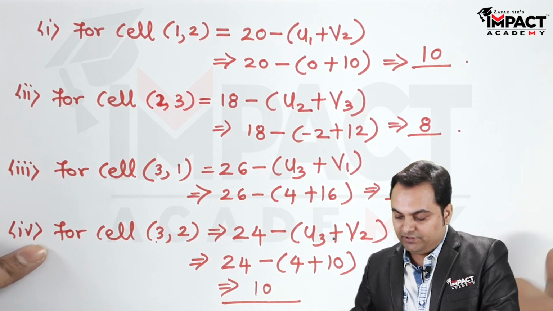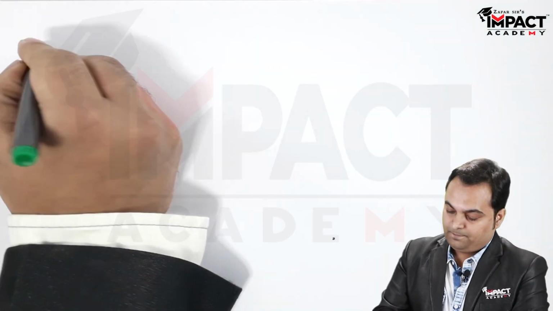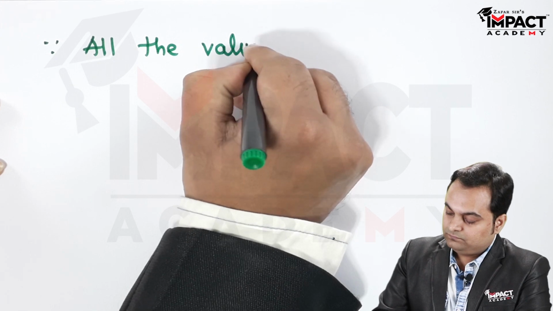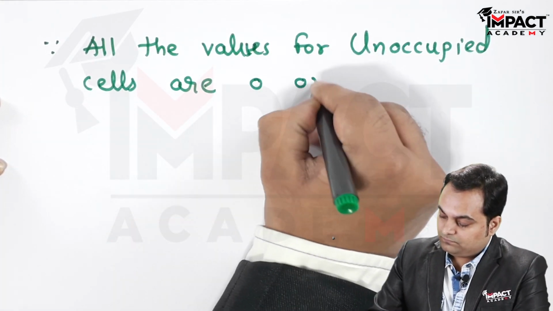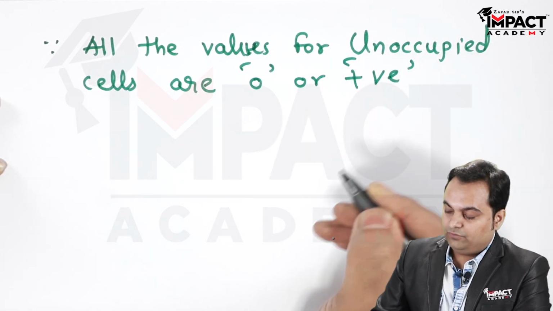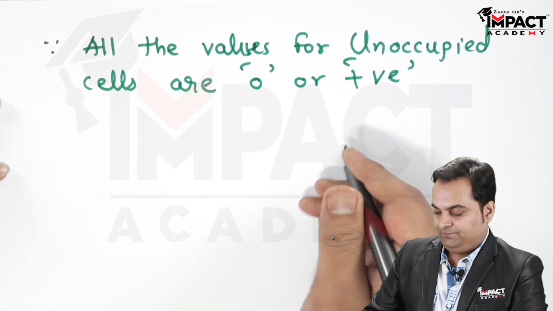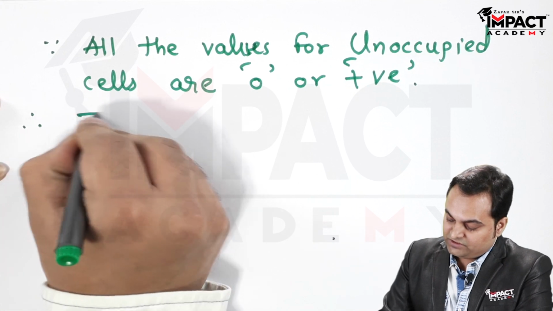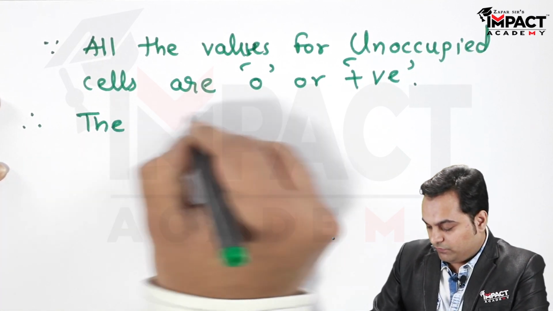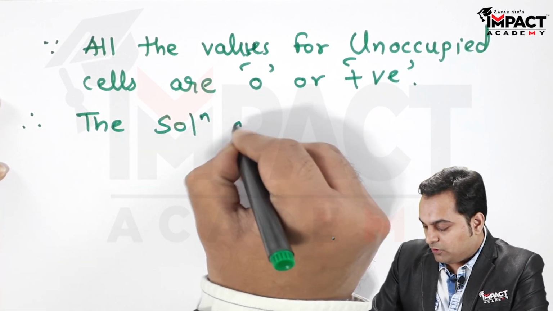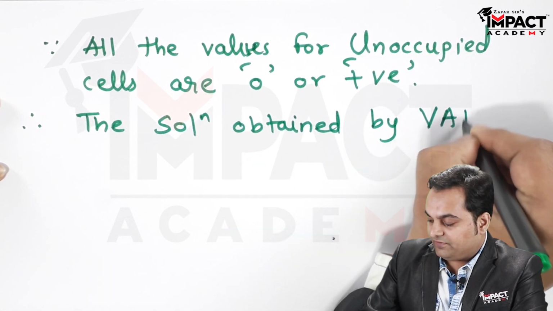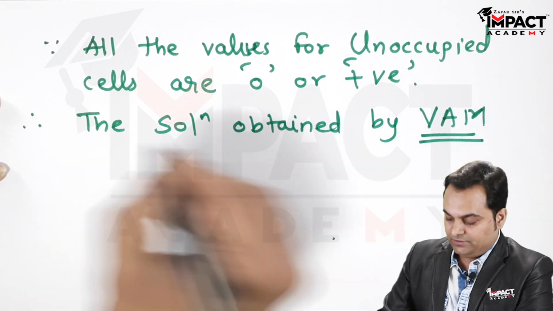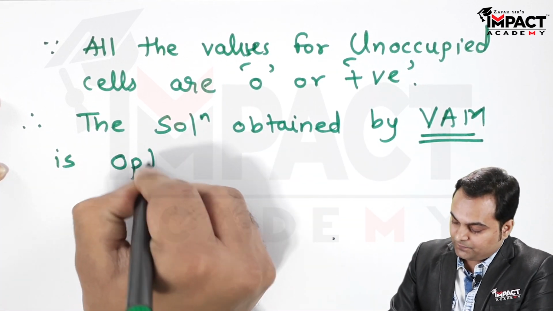So I can write over here that since all the values are 0 or positive, therefore the solution obtained by VAM, that is the Vogel's approximation method, is optimal.